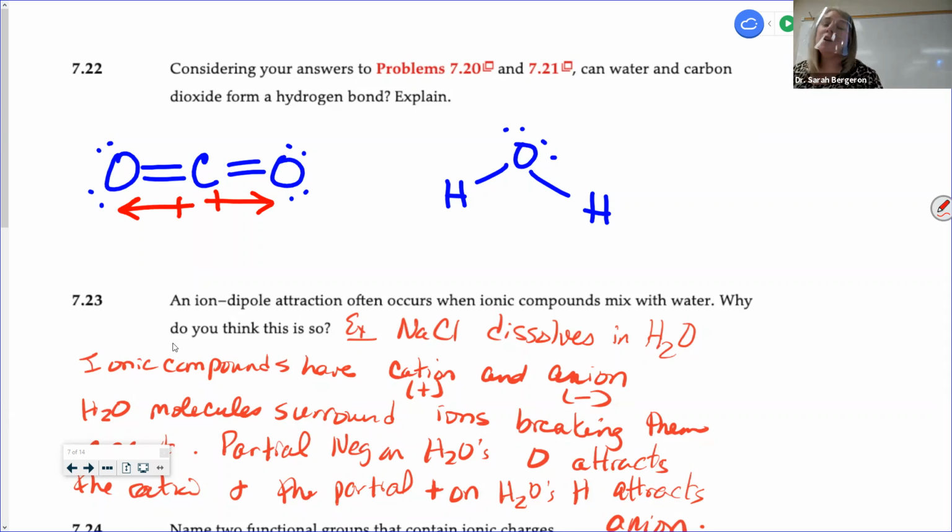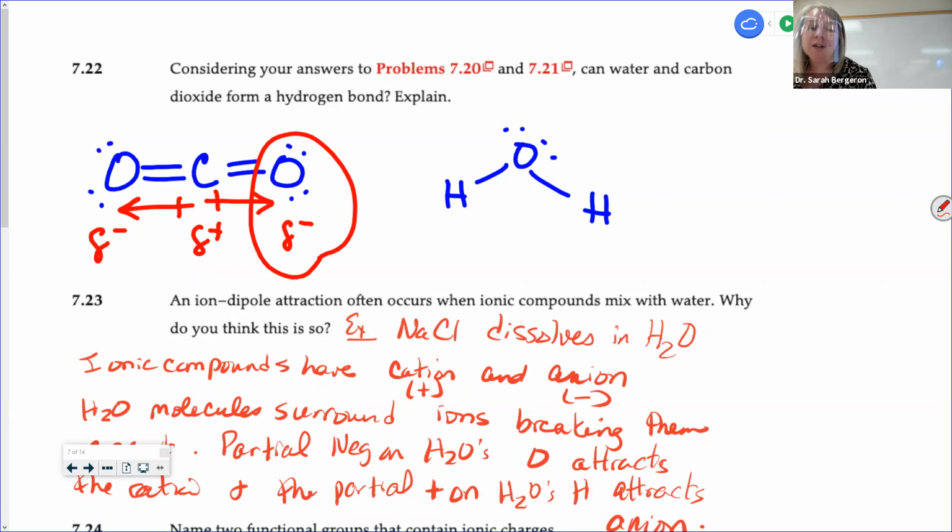So I have a non-polar molecule, but I actually have polar bonds: a partially negative oxygen, a partially positive carbon, and a partially negative oxygen. My partially negative oxygen can make a hydrogen bond with my partially positive hydrogen here. So can I create a hydrogen bond? Yes, I can.